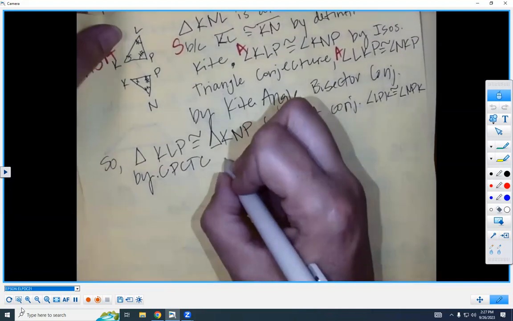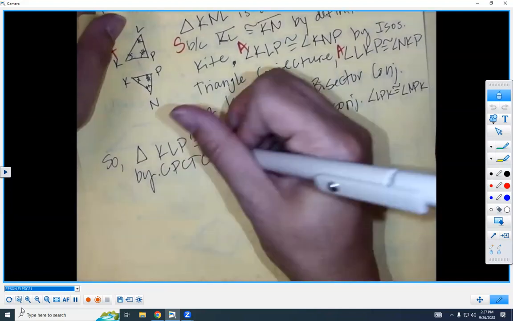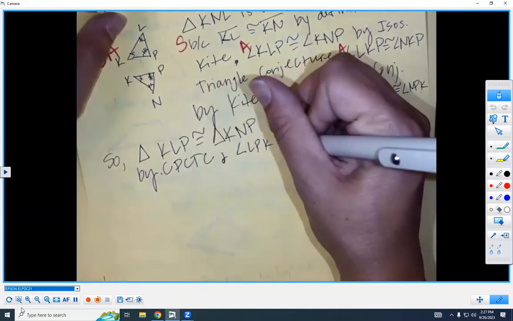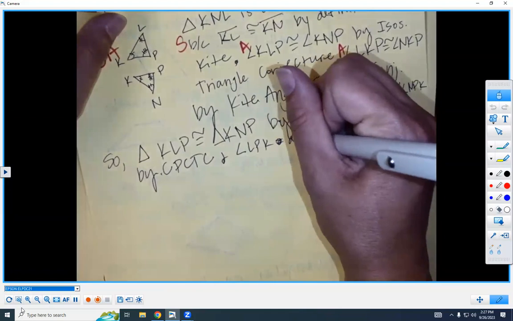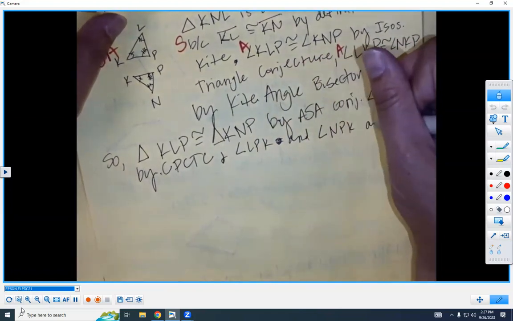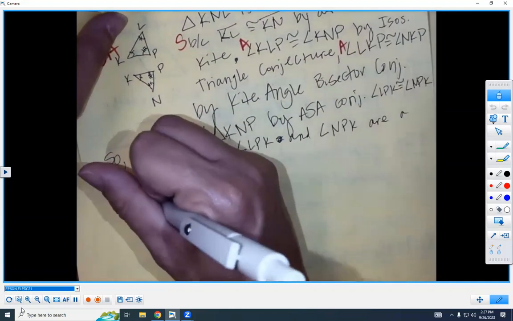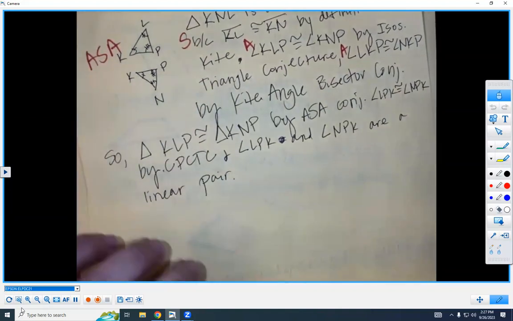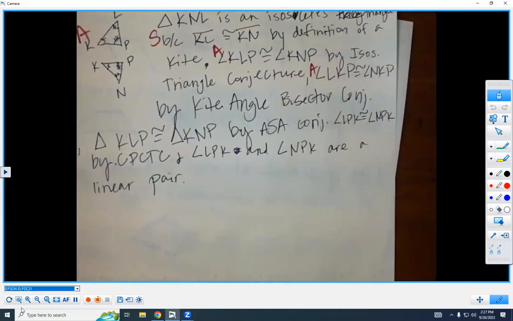So let's say, same thing, so they're congruent and angle LPK and angle NPK are a linear pair. Do you know how to prove they're a linear pair? That's the name of, like, by definition, two angles that are on a line. And those are two angles that are on a line. Okay, and then now you put.